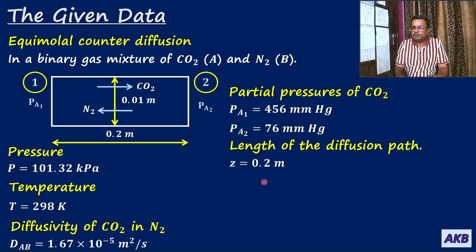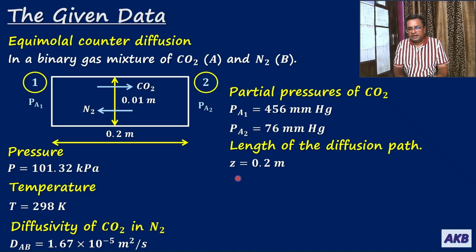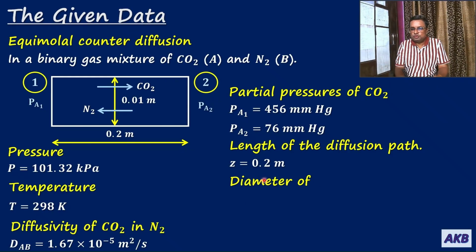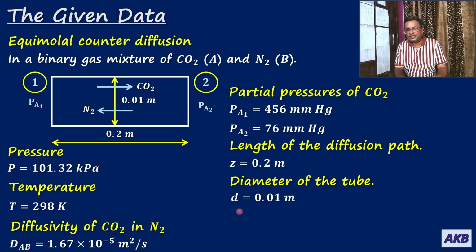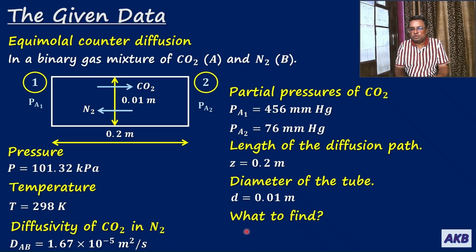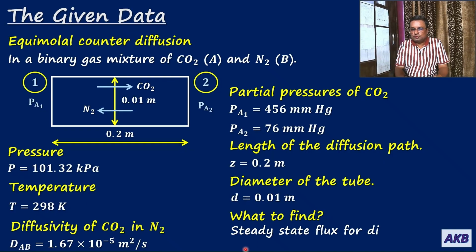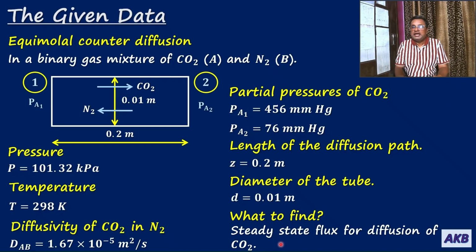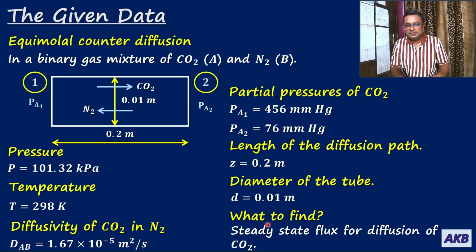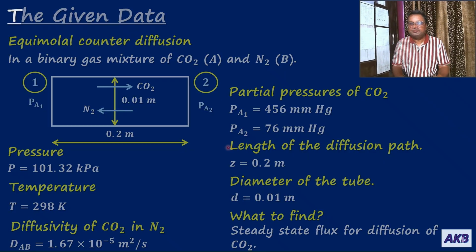Then the length of the diffusion path, denoted by Z, is the length of the tube, 0.2 meter. The diameter of the tube, denoted by small d, is 0.01 meter. And what are we supposed to find? We have to get the steady state rate of diffusion of CO2, and this value has to be reported in kg per second.